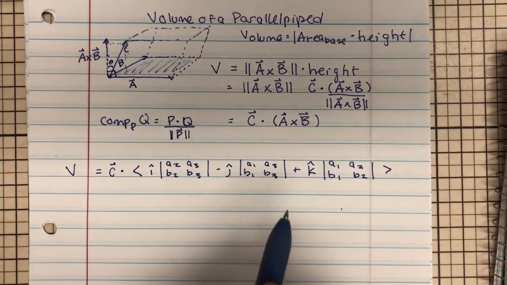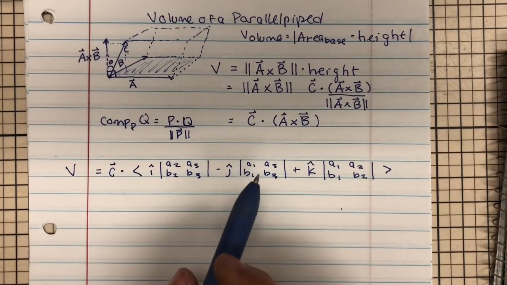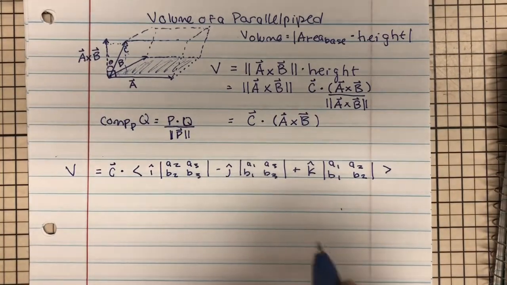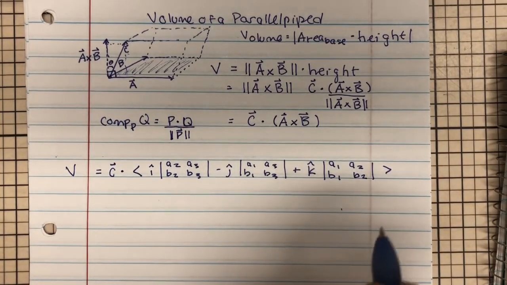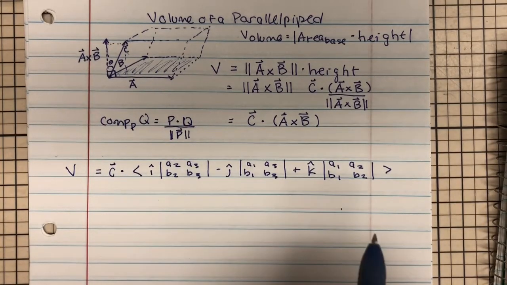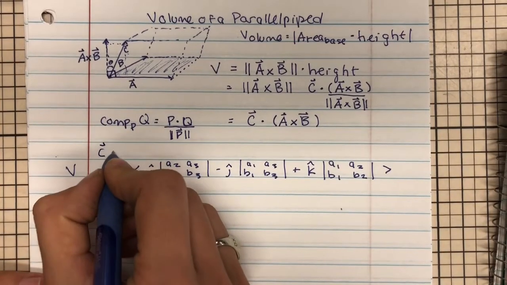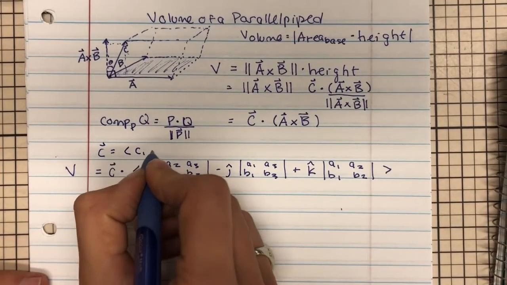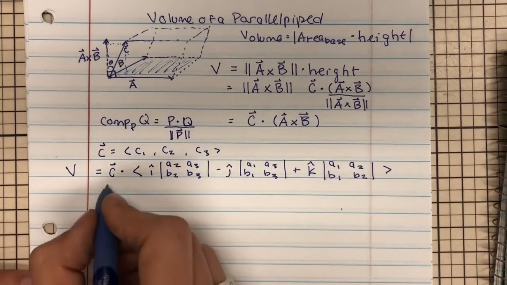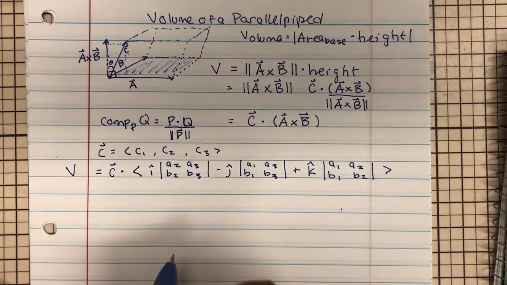Well, remember that when we dot vectors, and this is a vector, what I do is I multiply each corresponding component. So let's give C some components, C1, C2, C3. When I dot these two vectors together, really what I'm gonna get is a scalar.